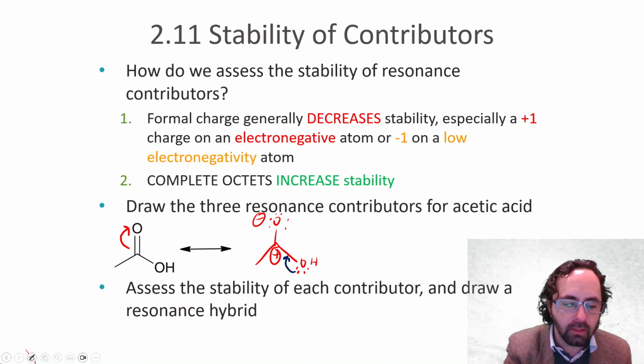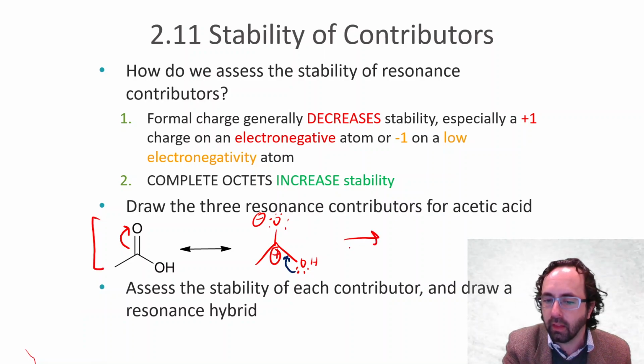So we can use this single arrow now, and we'll have another resonance contributor here. I'm going to put my little brackets around, since that's something you generally do when showing multiple resonance contributors. Now we're going to have a double bond to here, and this oxygen now will have 3 bonds and 1 lone pair, so now it has a positive formal charge.